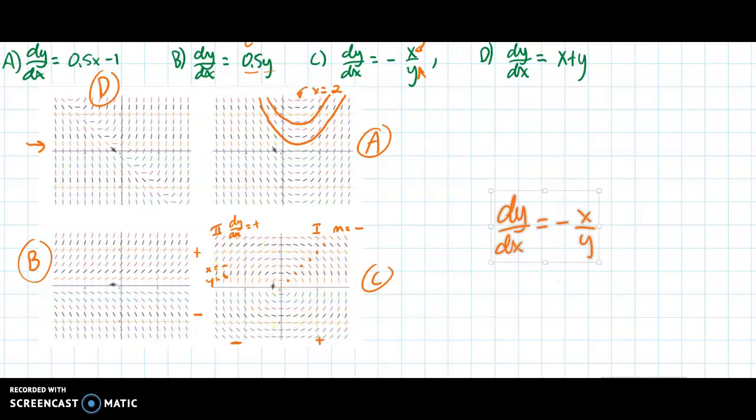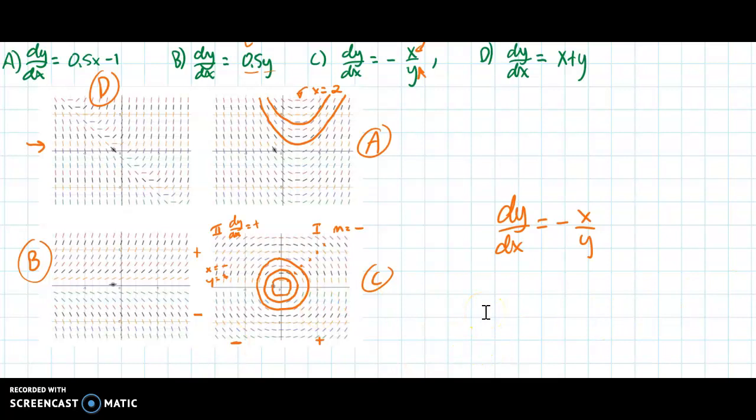What I want to point out before we do our separation of variables is that if I were to draw solution curves in, we get circles. And that goes for any set of solution curves, something that looks like a circle. And I guess I should make one more point here.